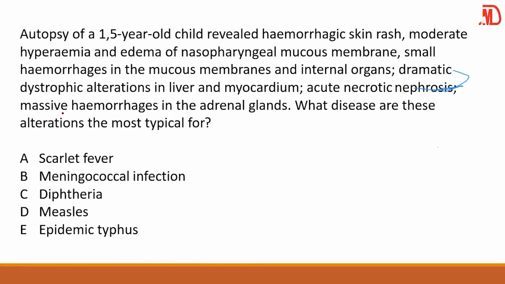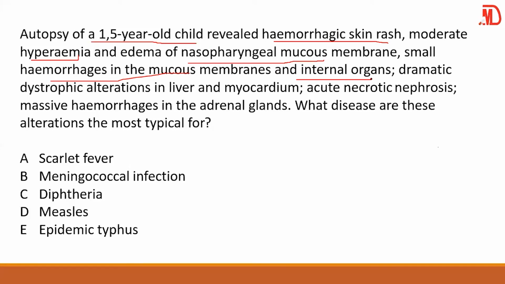All right. We are having autopsy of a 1.5-year-old child who revealed what? Hemorrhagic skin rash, moderate hyperemia, edema of the nasopharyngeal mucous membrane, small hemorrhages in the mucous membrane, and then what? The internal organs. Look at it.